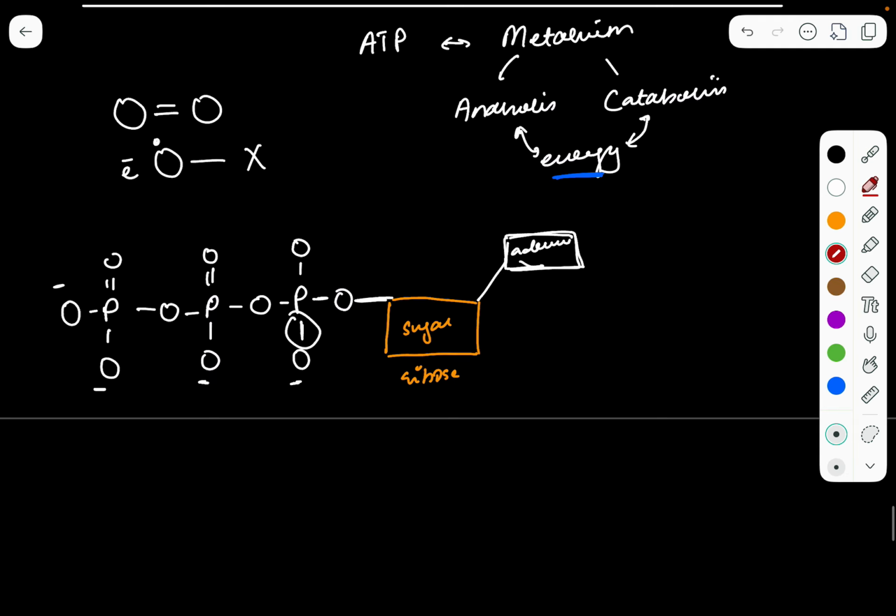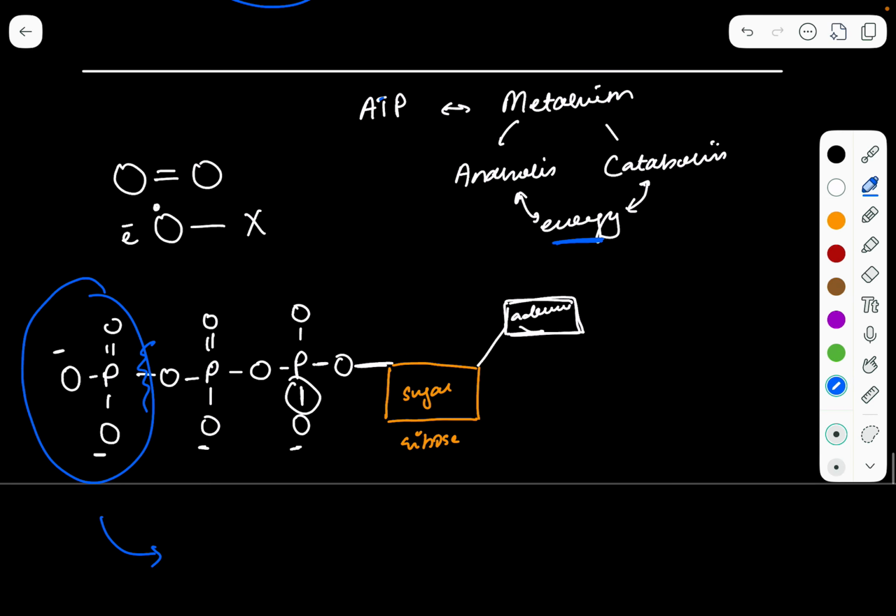Now, these negative charges interact with positive charges, correct? Now, what happens in ATP is that ATP gets broken down, over here, which means that this phosphate is removed from ATP.